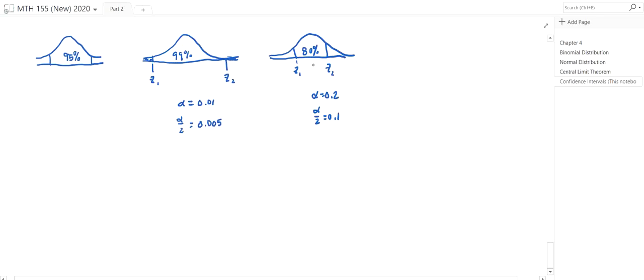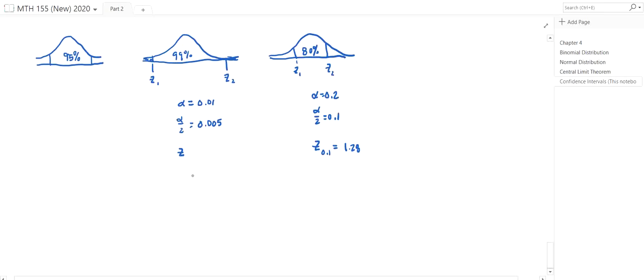When we do this, we're always going to come up with the same z's. So z of 0.1 is 1.28, and z of 99, well, it's not 99, it's the complement of 99.